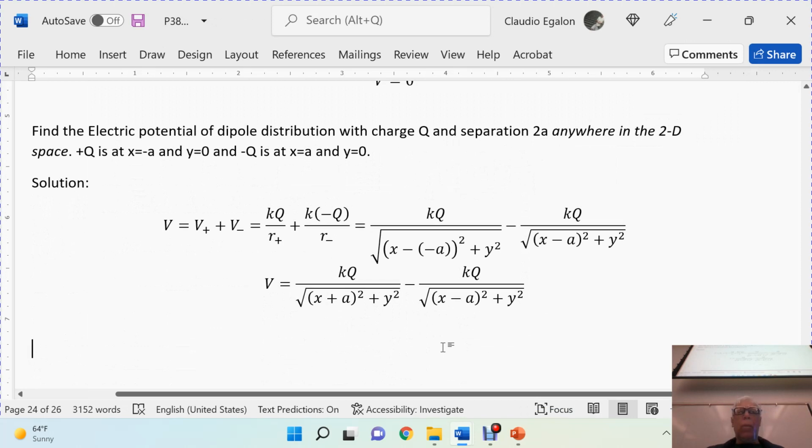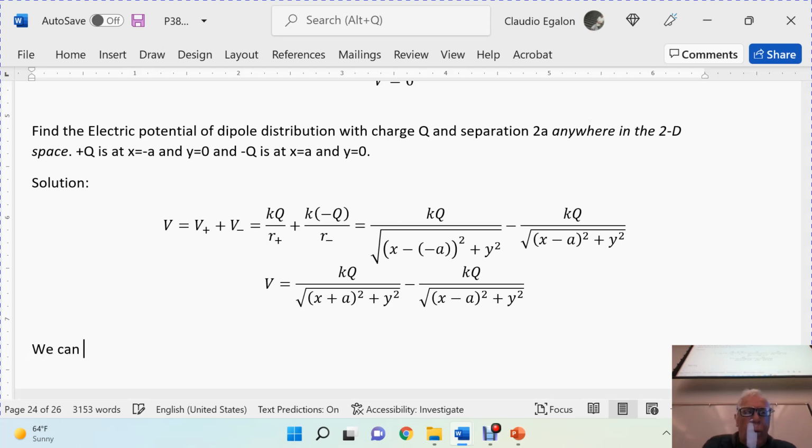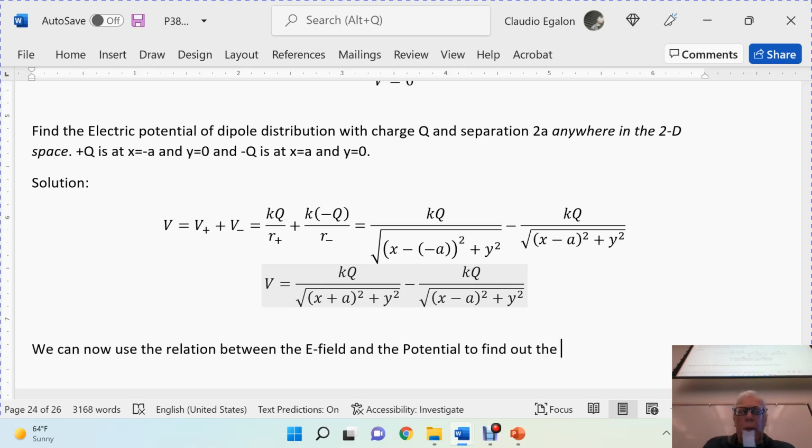Okay, and now what can we do about that? Here's the electric potential of a dipole distribution. What can we do now? We can now use the relation between the electric field and the potential to find out the electric field.